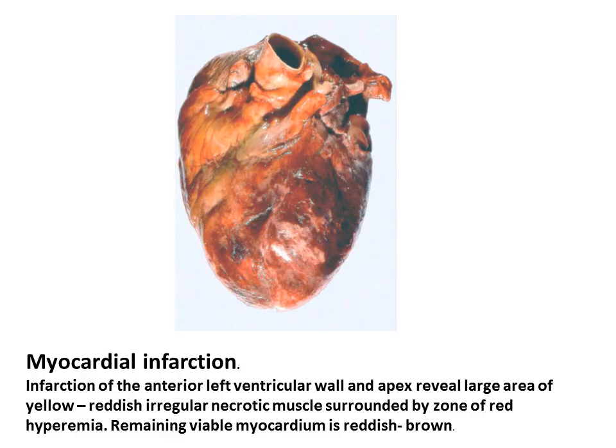Here we can see myocardial infarction involving the anterior wall of the left ventricle in the form of a yellowish necrotic area surrounded by a congested zone of granulation tissue and blood.